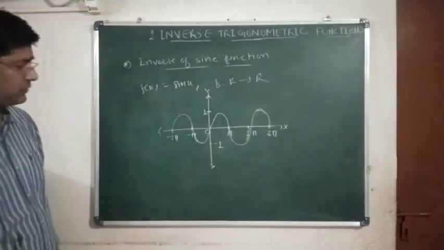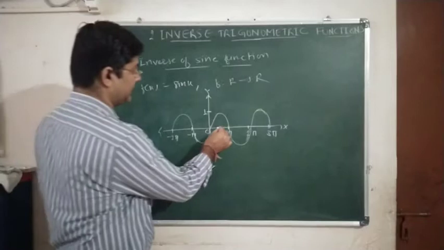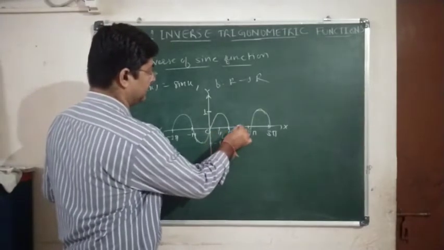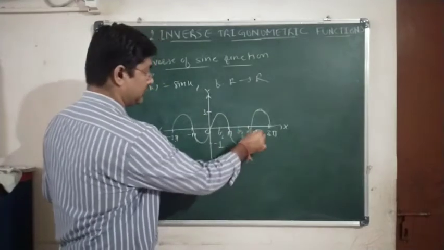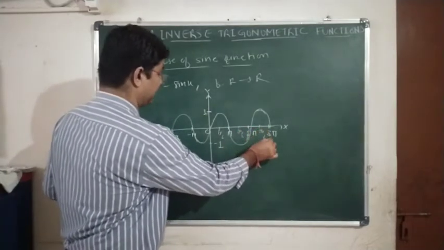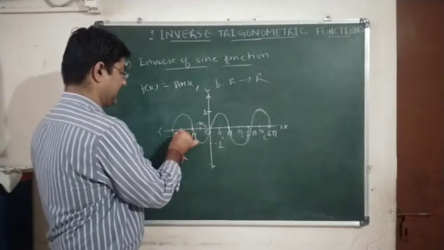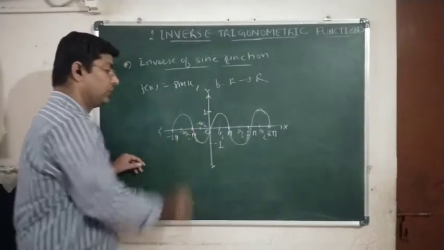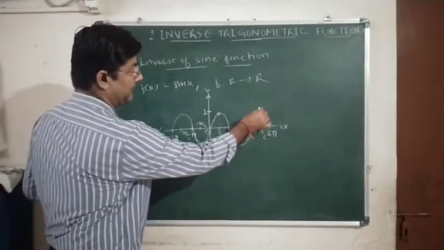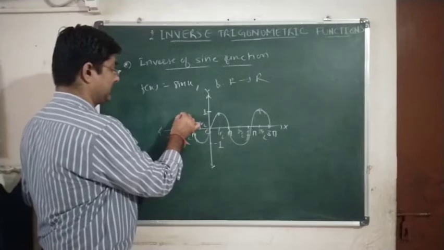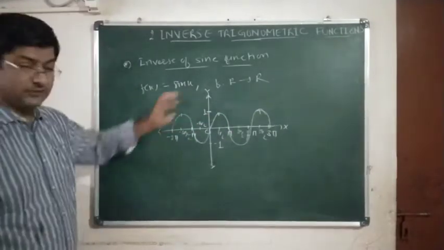So here you will notice that we have pi by 2, then 3 pi by 2, then 5 pi by 2, and here minus pi by 2 and minus 3 pi by 2. You will notice that at pi by 2, 5 pi by 2 and minus 3 pi by 2, the value of the sine function is the same, that is 1.